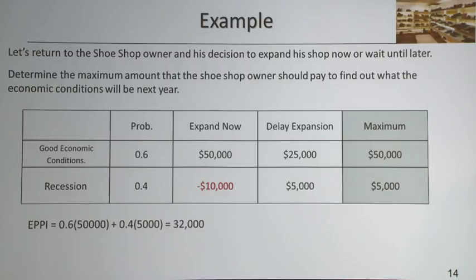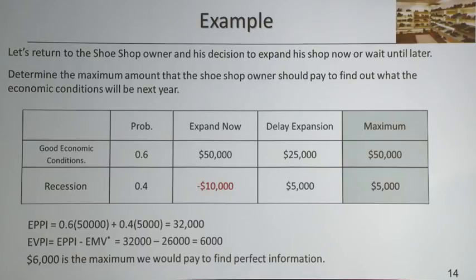We know from the previous example that EMV star is $26,000. Okay? So the expected value of the perfect information would just be 32,000 minus 26,000, which is $6,000. So this is the maximum we will be willing to pay to find out what the economic condition is going to be, what the perfect information is.